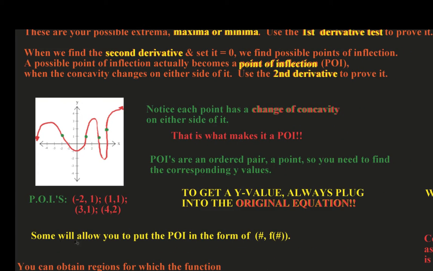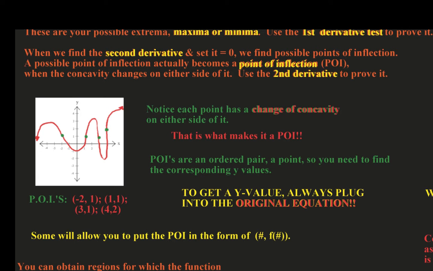So some people that are grading your exam or quiz will allow you to put the point in the form of the x value, comma, f of the x value. What this indicates to the grader is that you know you need the y value. It's an ordered pair, an x and a y value, but you just didn't have time to do it, or a calculator, or whatever the reason.